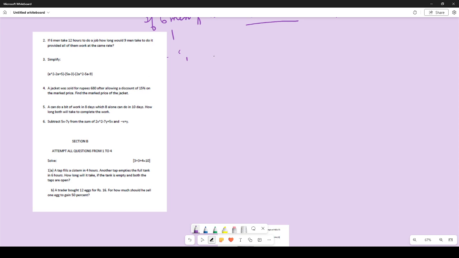So what we have over here is the selling price, which is rupees 680, the discount which is 15%, and we have to find the marked price.